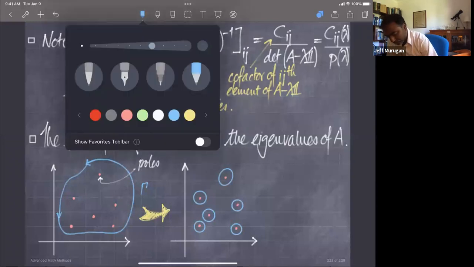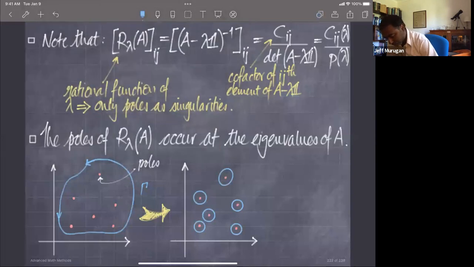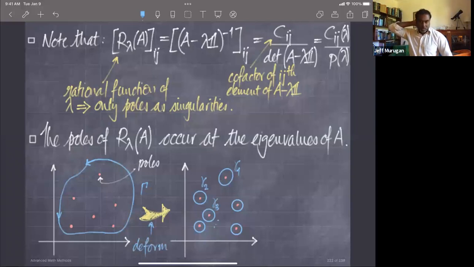I'll call each of these guys little gamma 1, little gamma 2, etc. Okay, so here what I've done is I've deformed the contour of integration, and I deform it in such a way that I maintain the orientation.